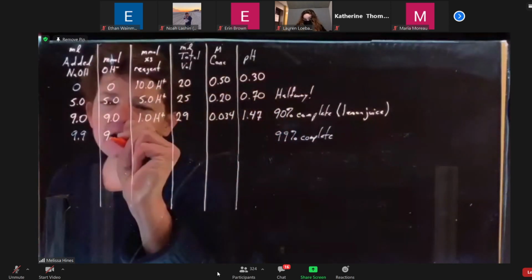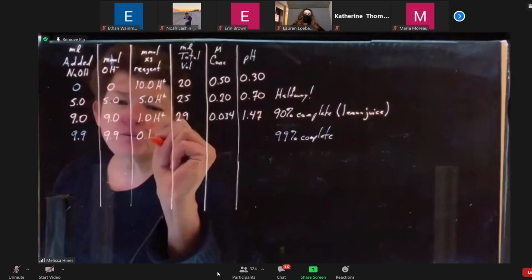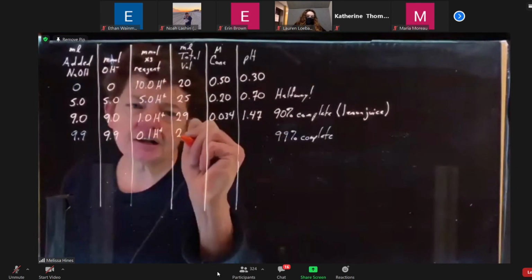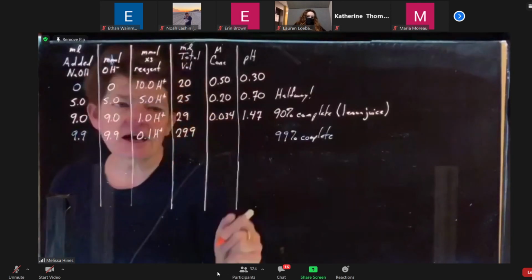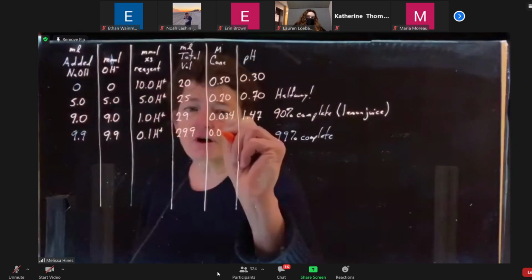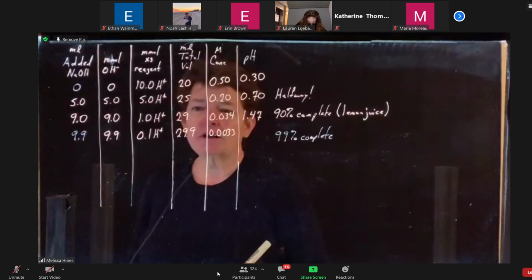Now we've added 9.9 millimoles of OH minus. We have 0.1 millimoles of H plus in excess. Our volume is 29.9. Plug this into our calculator. Our concentration is 0.0033. Okay, what's happened?